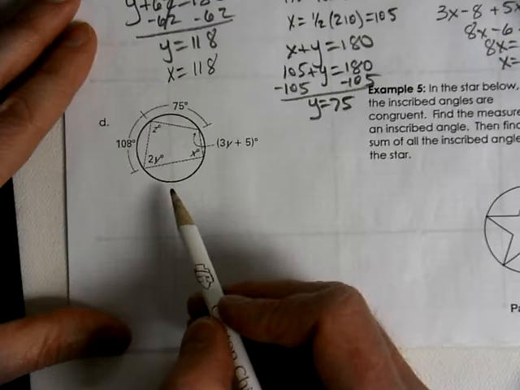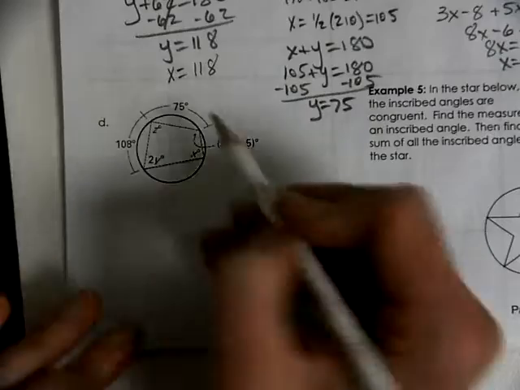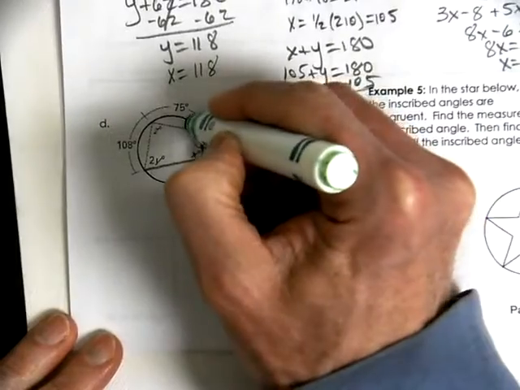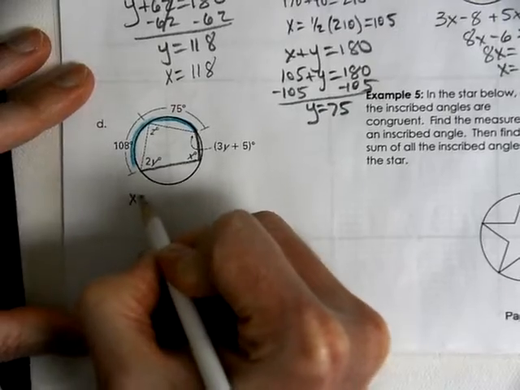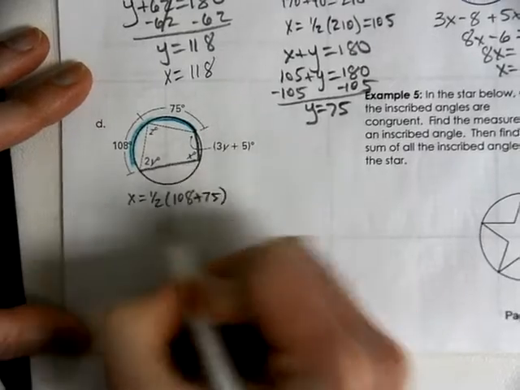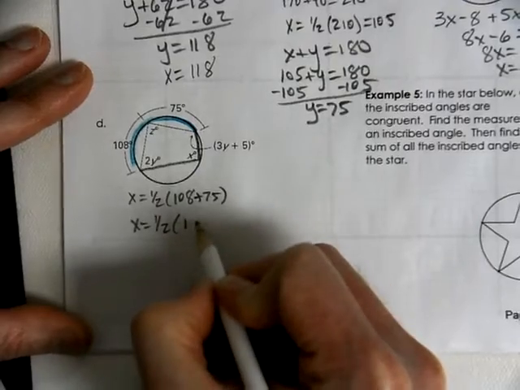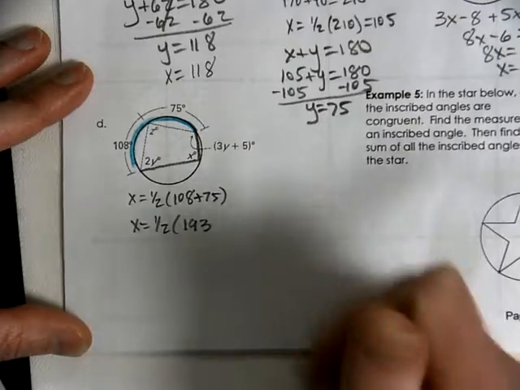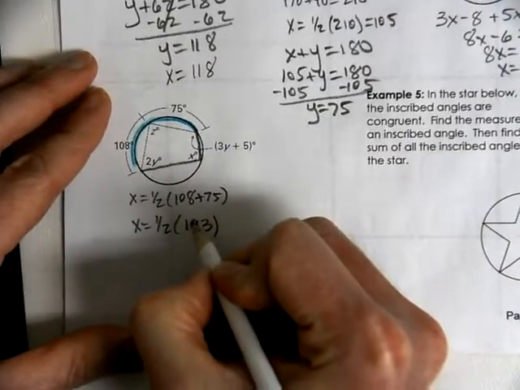Moving down to our next one, we notice that x comes over and touches there and there, which makes that arc. So the angle equals half the intercepted arc of 108 plus 75. So x itself is going to be half of 183, of course.